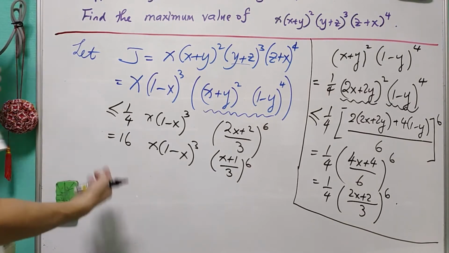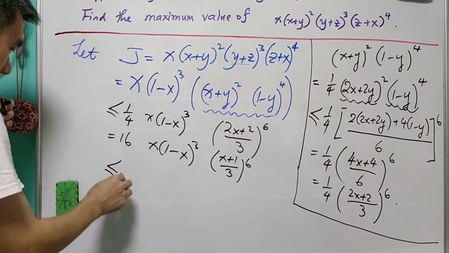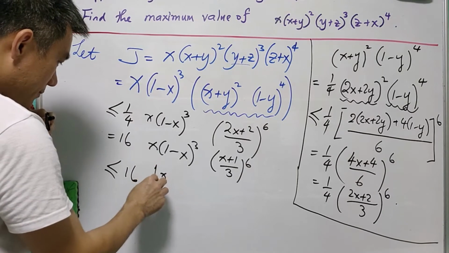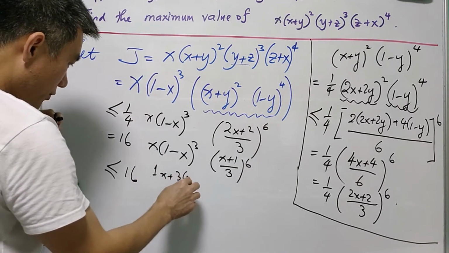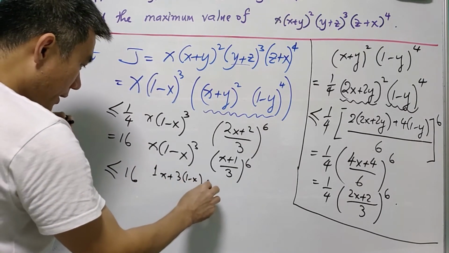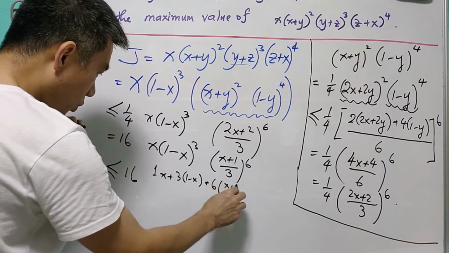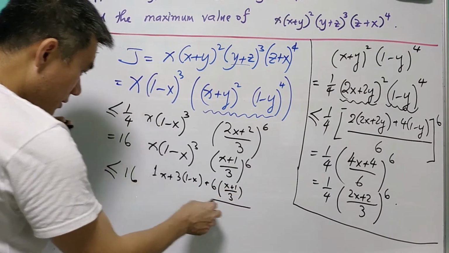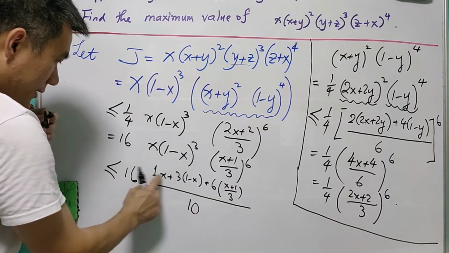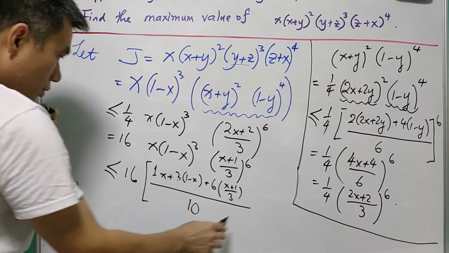We are going to use the AM-GM inequality again, and this will be less than or equal to 1 of x plus 3 of 1 minus x plus 6 of x plus 1 over 3, over 10, because there are 10 items here, to the power of 10.